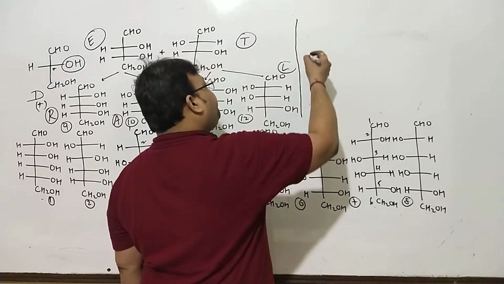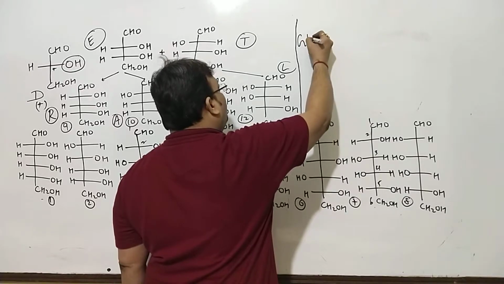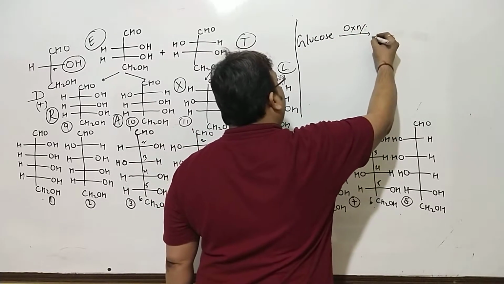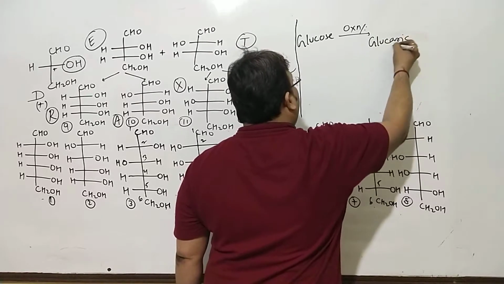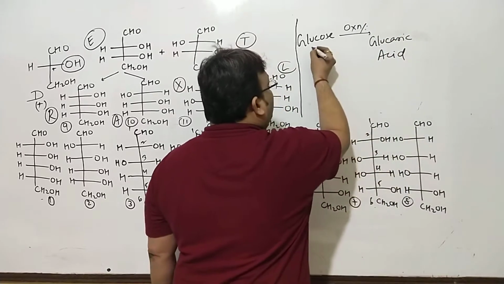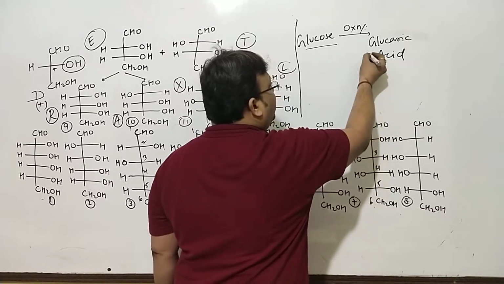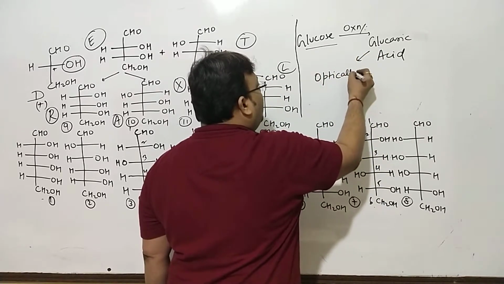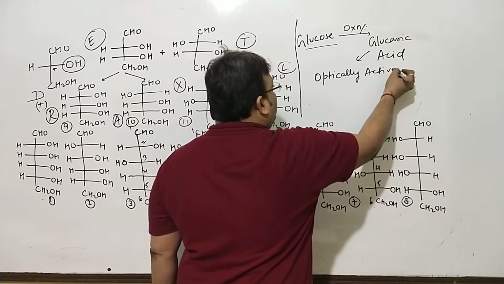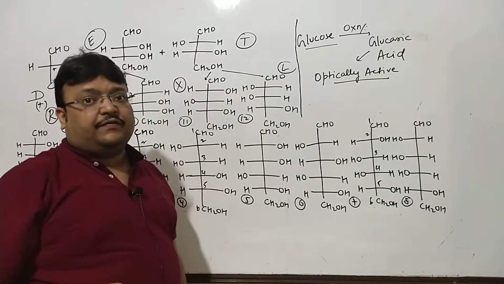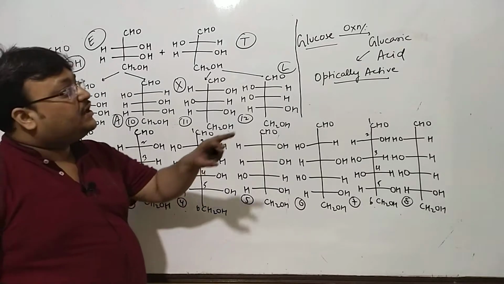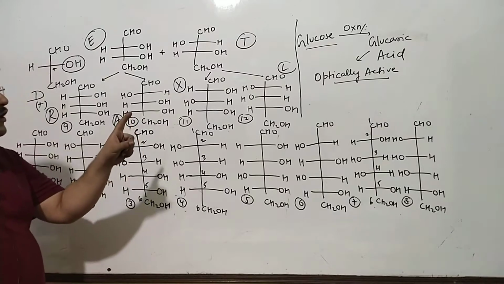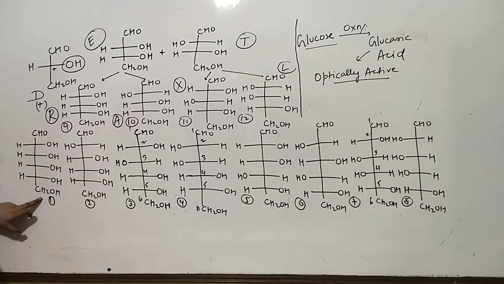First of all, he took glucose, and by oxidation he got the corresponding glucaric acid. So you oxidize glucose to glucaric acid, and you find that glucaric acid is optically active. Now if the aldaric acid of glucose is optically active, then naturally glucose cannot be 1.